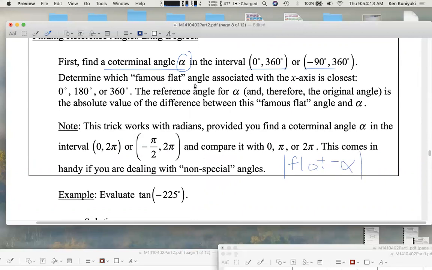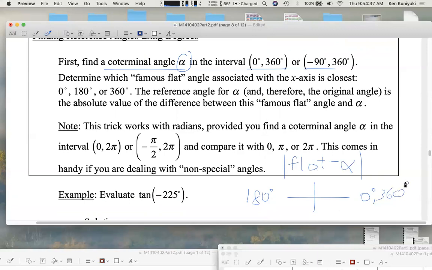Now, what do I mean by a famous flat angle? The flat angles basically correspond to the x-axis: 0 degrees over here, 180 degrees back over here, 360 degrees.